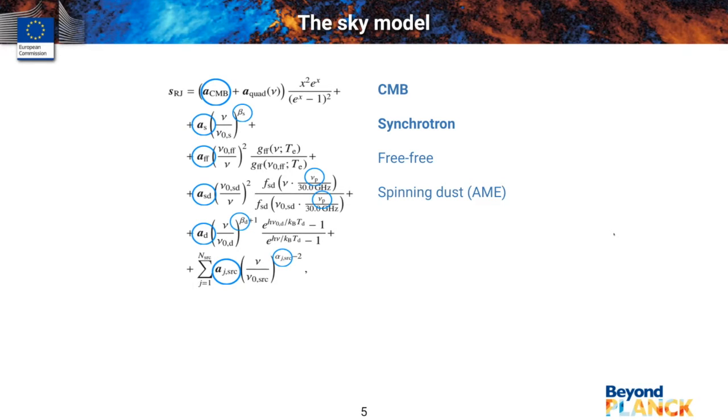And we have a spinning dust or AME component, which uses a peak shifted SpDust2 model with an amplitude and a nu peak. Thermal dust modeled with a modified black body with a free amplitude and a beta and a frozen temperature term, and also the point sources here.